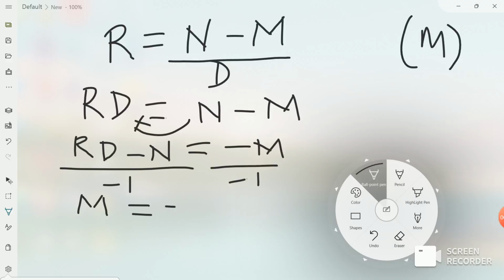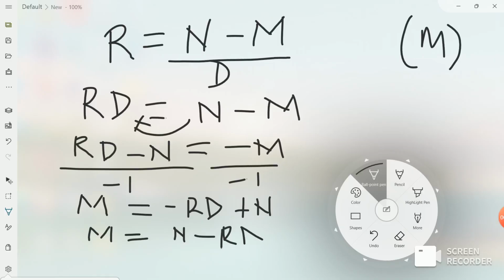We have minus rd minus n divided by minus 1. You have plus n. So better still, you can write it this way: m is equal to n minus rd. That's it.